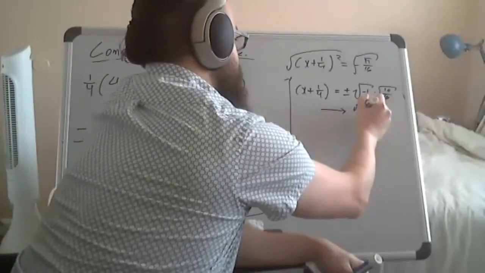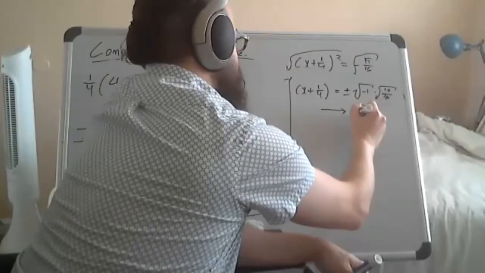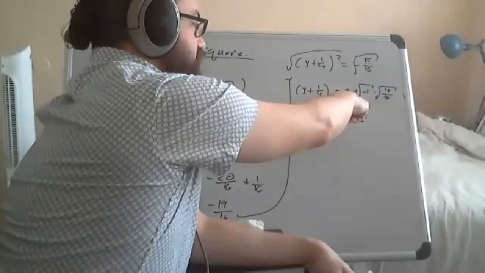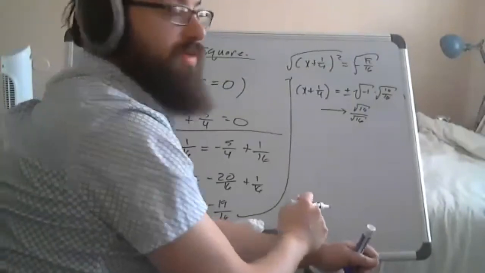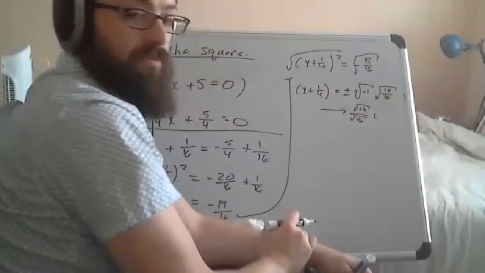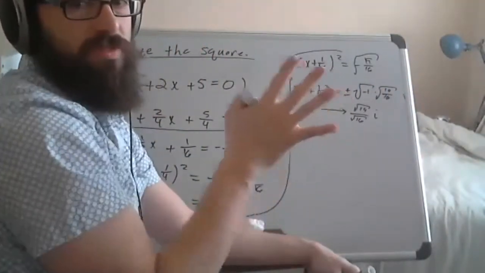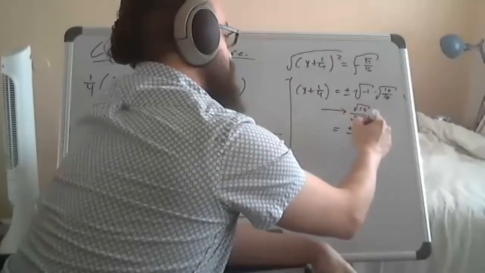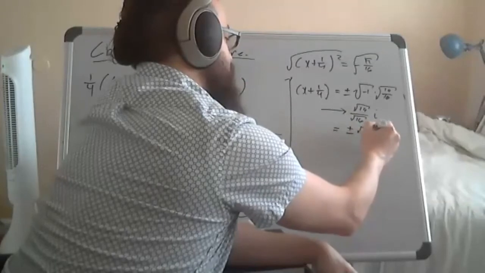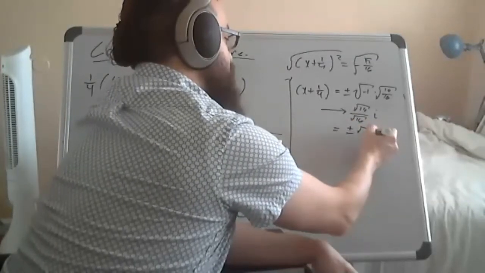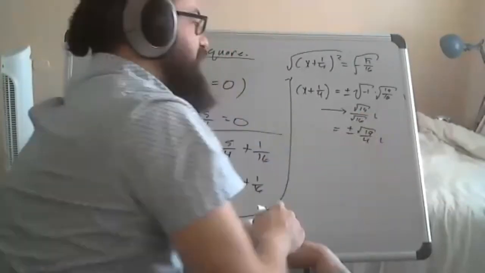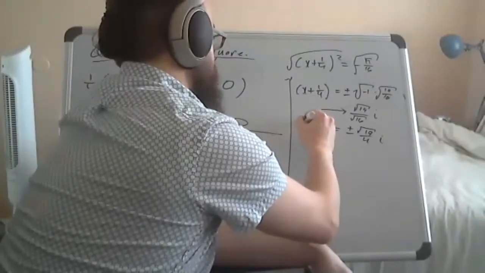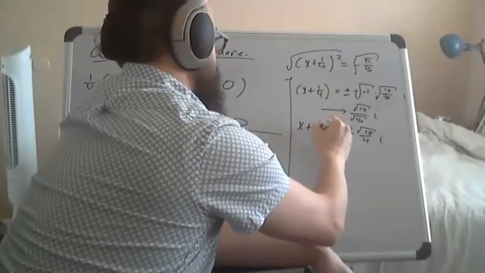The square root of 19/16 can be seen as the square root of 19 over the square root of 16. We know that square root of negative 1, our magic number, is i. So now I'm just simplifying the right side. And so what we have is plus or minus square root of 19, which doesn't go down cleanly, divided by the square root of 16, which is 4i. And we are looking at x plus 1/4.